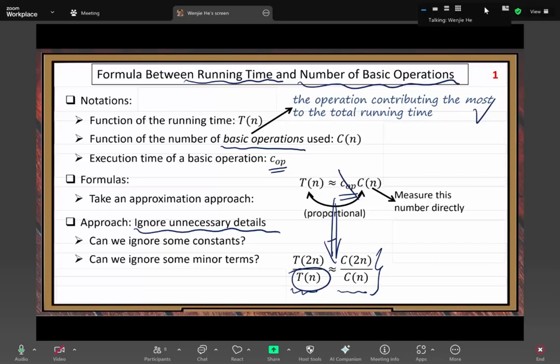Here you can see if we use the ratio of this format to represent the increasing rate for a function, we can see these two functions, the T function and the C function, have the same increasing rate.